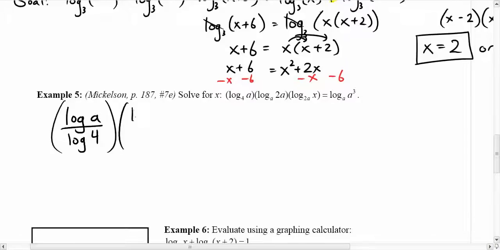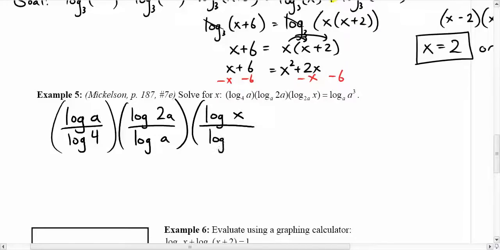So log base a of 2a is log 2a over log a. And log base x of 2a is log x over log 2a. Do you know what the right-hand side is equal to? 3. Right. The log base a and the a cancel out. They're inverses of each other.